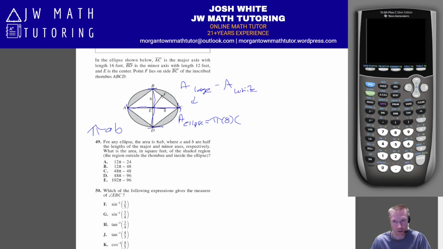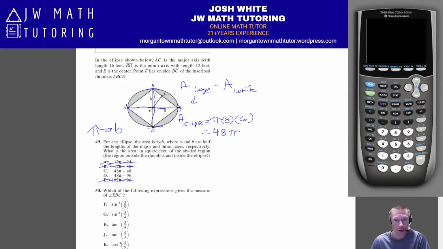So in that case, this is just going to be 6. So the area of the ellipse is just going to be 48 pi. So for our overall expression, it's going to be 48 pi minus something. So just right off the bat, we can eliminate this, we can eliminate this, and we can eliminate this.